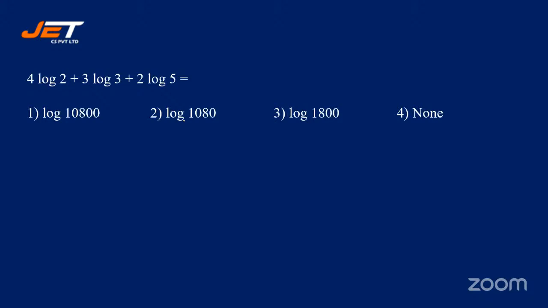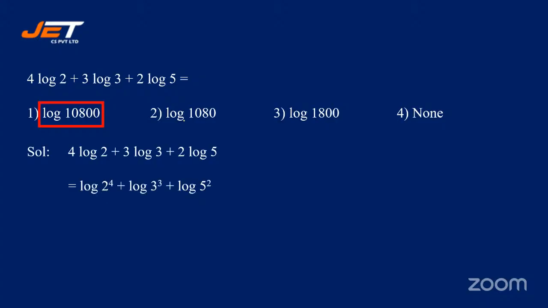4 log 2 plus 3 log 3 plus 2 log 5. So 4 log 2 can be written as log 2 to the power 4, plus 3 log 3 can be written as log 3 to the power 3, plus 2 log 5 can be written as log 5 to the power 2. When you expand, log 2 power 4 plus log 3 cube plus log 5 square.